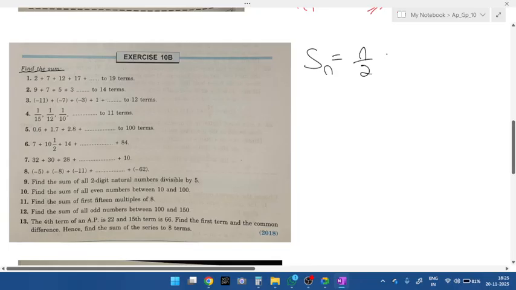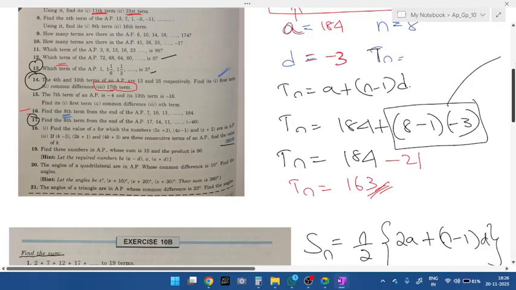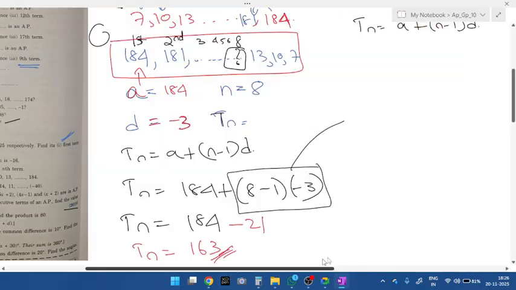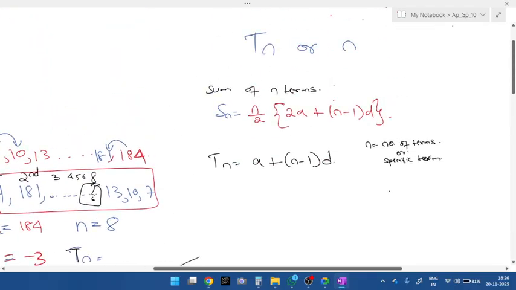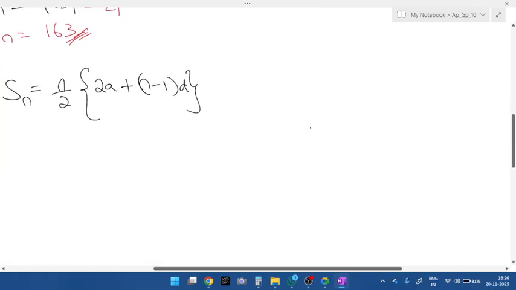This is the formula: n by 2, 2a plus n minus 1 into d.